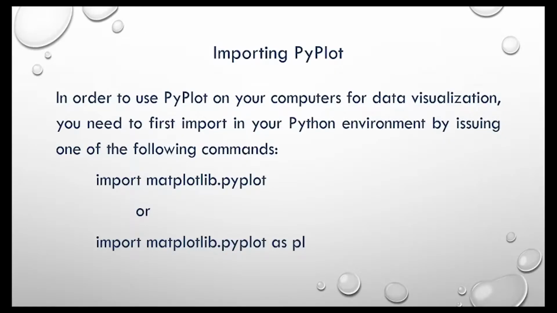In order to use PyPlot on your computers for data visualization, you need to first import it in your Python environment by issuing one of the following commands. Either you can use import matplotlib.pyplot or you can use import matplotlib.pyplot as pl. Here pl is an alias of this command. If you use the alias name, then there is no need to write matplotlib.pyplot. Don't worry students, if you do not understand, I'll show you while taking the practical session.